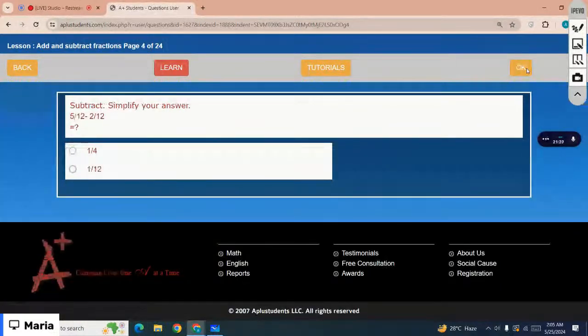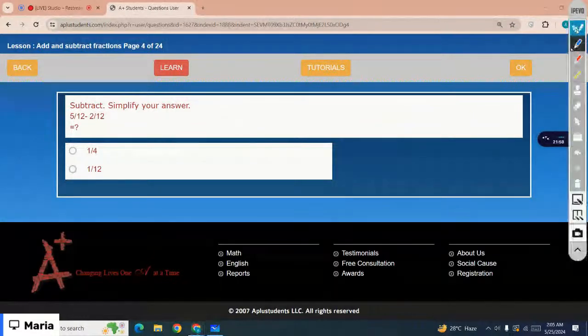Okay, the next one is subtract 5 by 12 minus 2 by 12. So which is the correct option? The correct option is 5 take away 2 is 3, right?